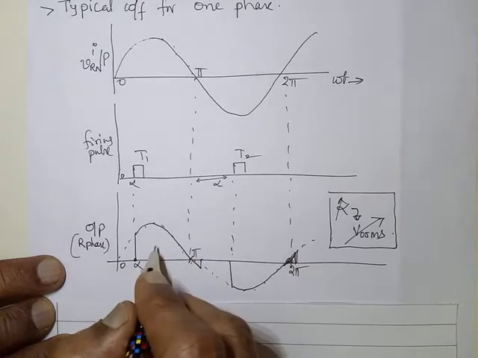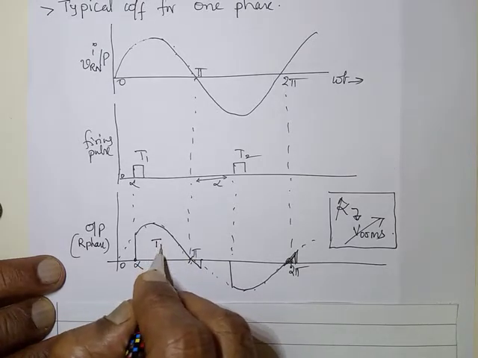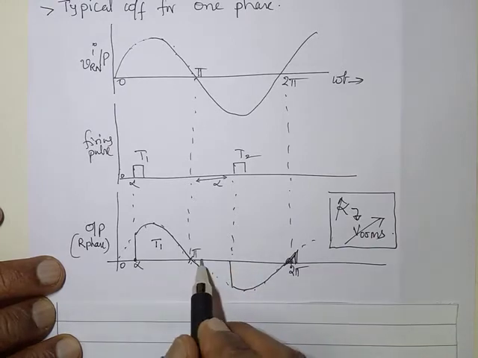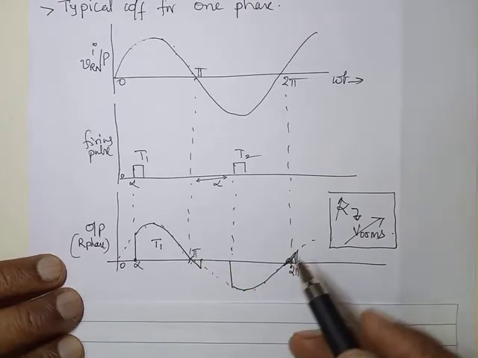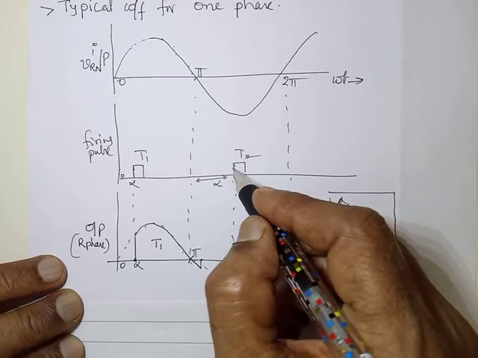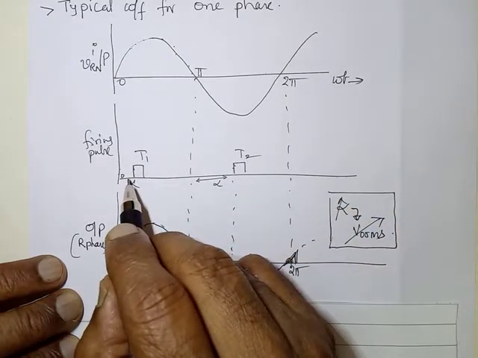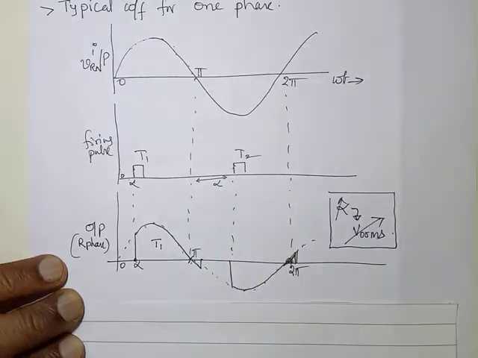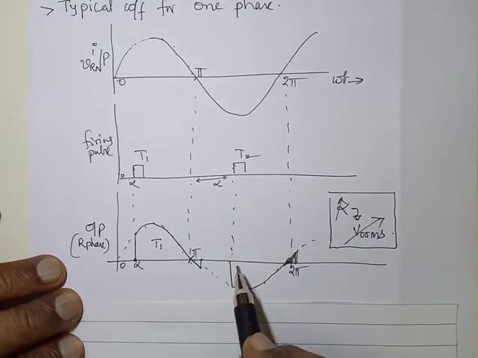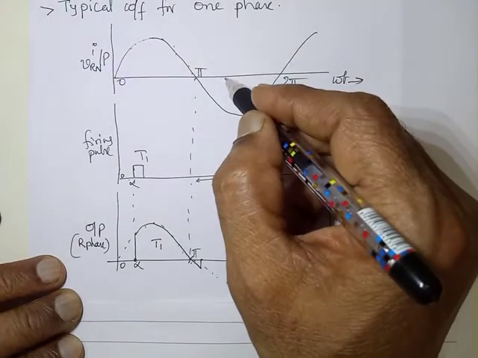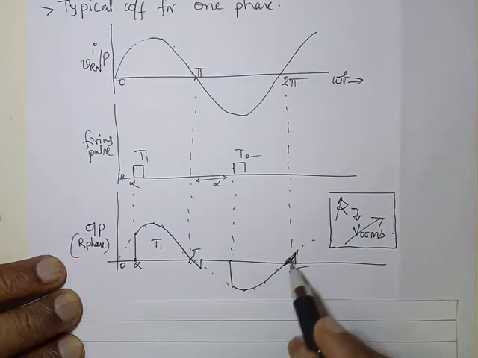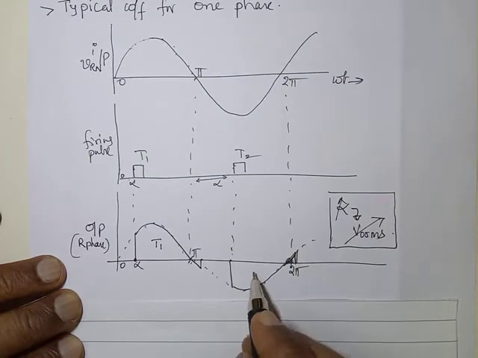That means here T1 conducts from this to this point. Next, we will trigger T2 at a symmetrical position with firing angle alpha, and we get the output voltage because of T2, which is nothing but this supply voltage appearing across the motor, which is due to T2.